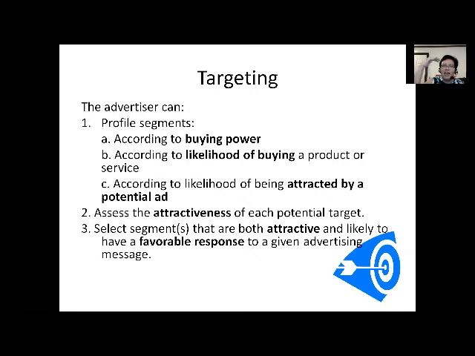So once the advertiser is done profiling, and done assessing attractiveness, finally, because it's called targeting, the advertiser can select the segment or segments which are both attractive and most likely to have a favorable response to the advertising message. So in a nutshell, that's what the advertiser can do to accomplish targeting.